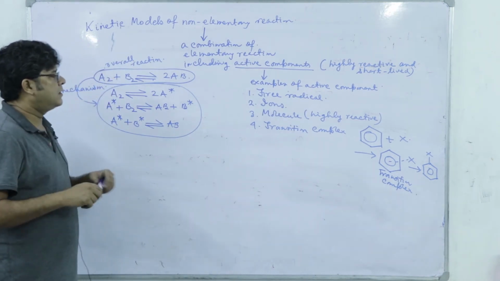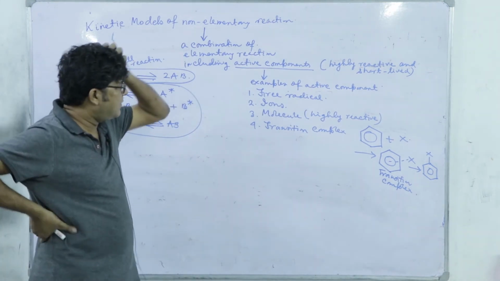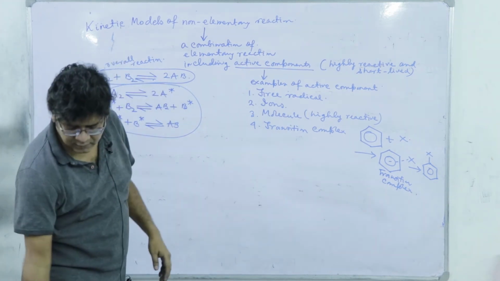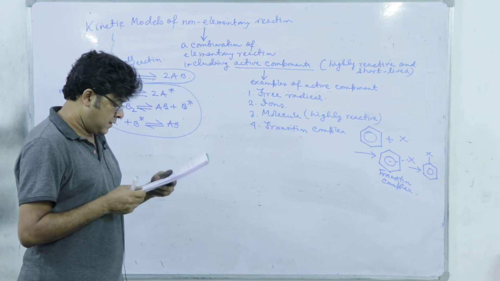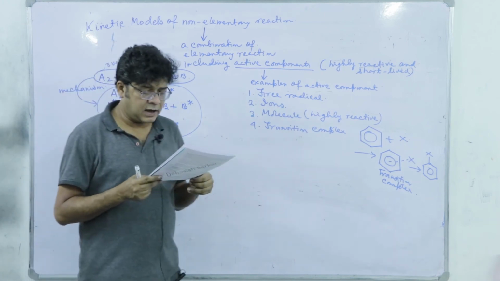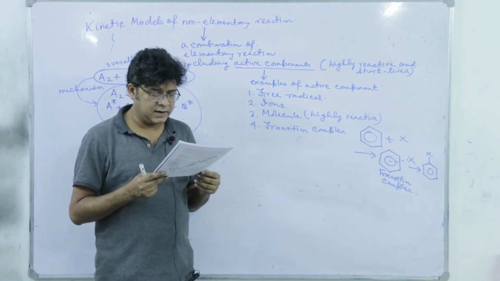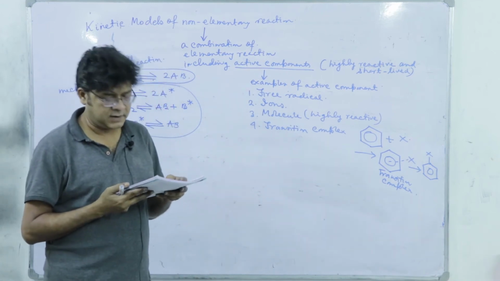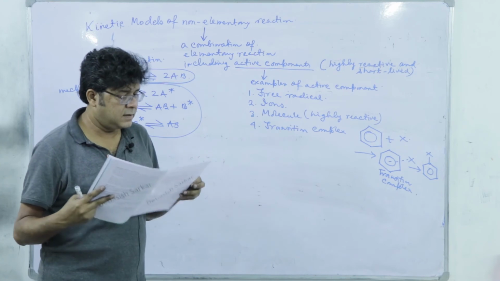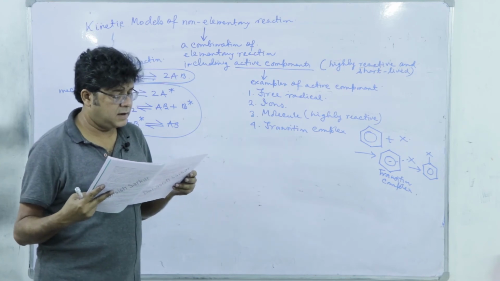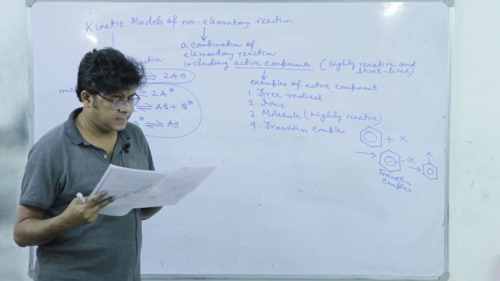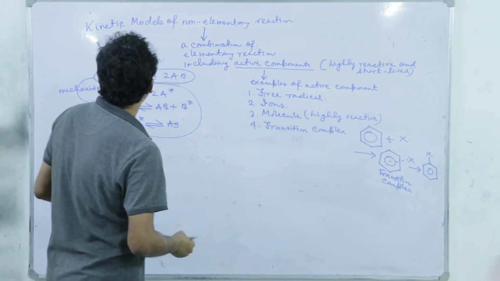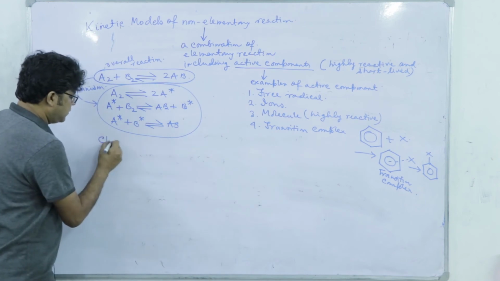Okay. So these are the examples of active components like free radicals, ions, molecules and transition complexes. Free atoms or larger fragments of a stable molecule contain one or more unpaired electrons, as in the free radical. Typically we know ions, molecules, and transition complexes. So for non-elementary reactions, we can have classifications also.